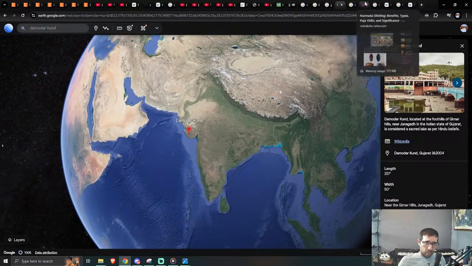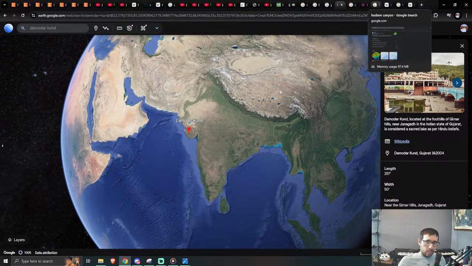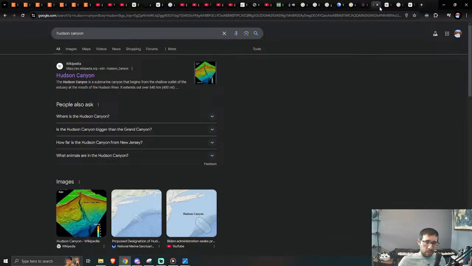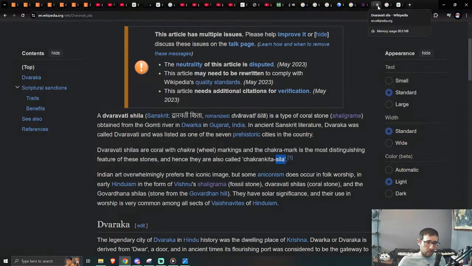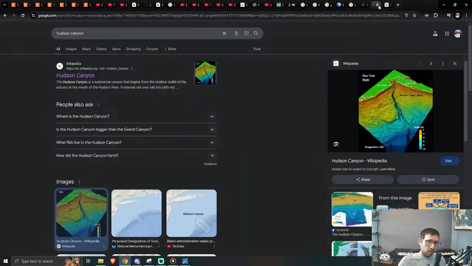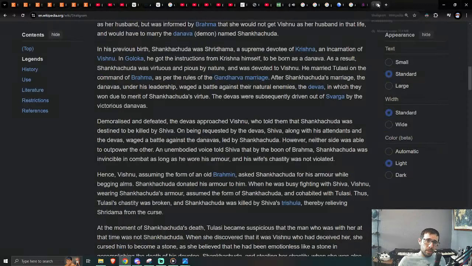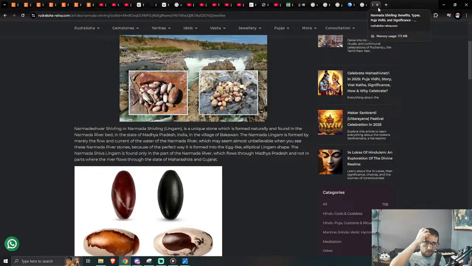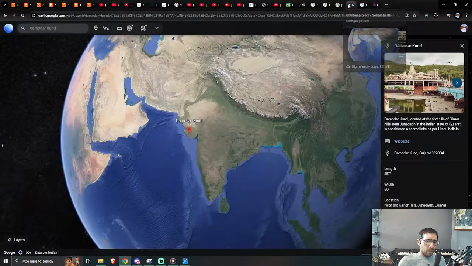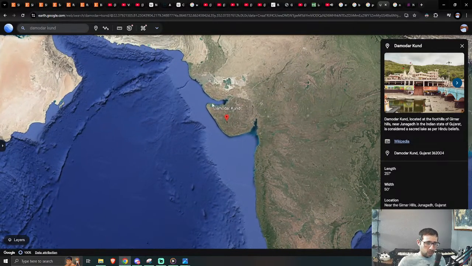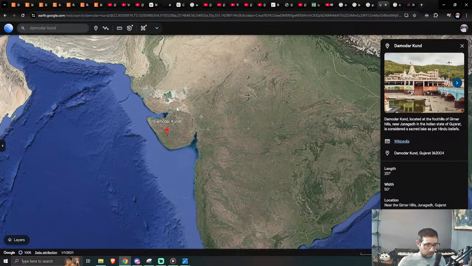Okay, what else we got? I could do practically anything, I guess. This was less exciting. This was cool. Still don't really know exactly why the particular stones would happen. Why Dwarka Shila is here and Narmada Stone's here. This one's going out. That's one thing that's different.